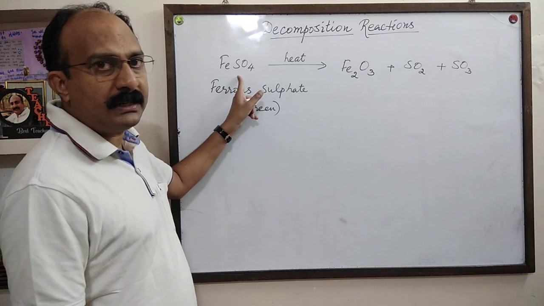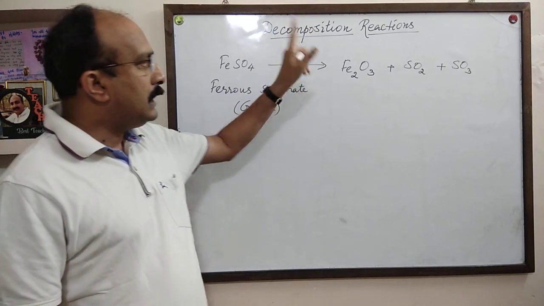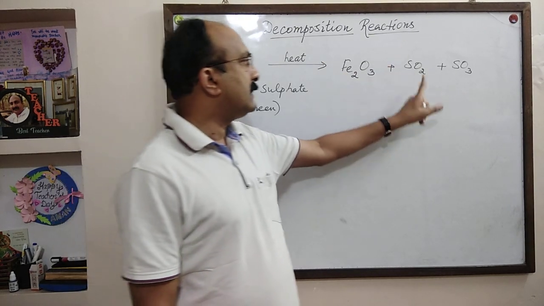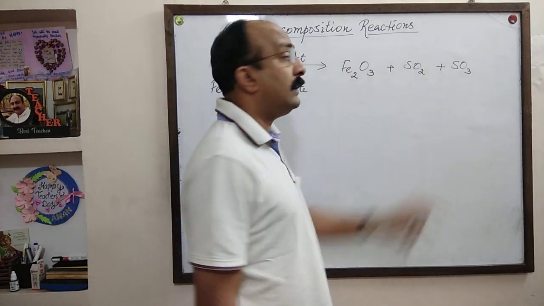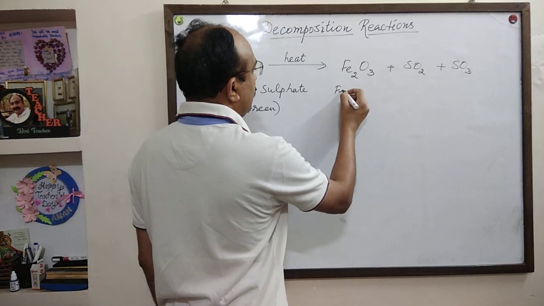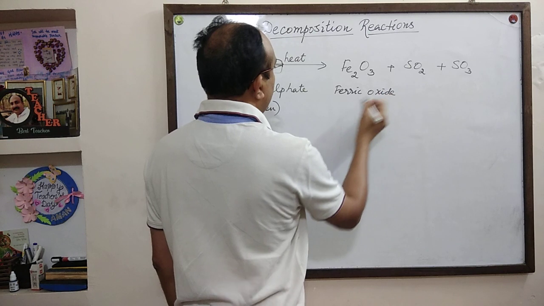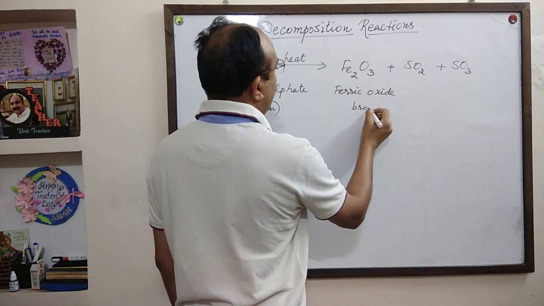See, a single substance on heating decomposes to form 3 substances: ferric oxide, sulfur dioxide gas and sulfur trioxide gas. So this is ferric oxide. And remember, ferric oxide is brown in color.